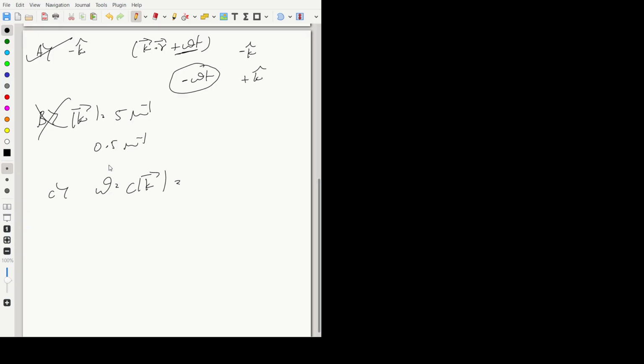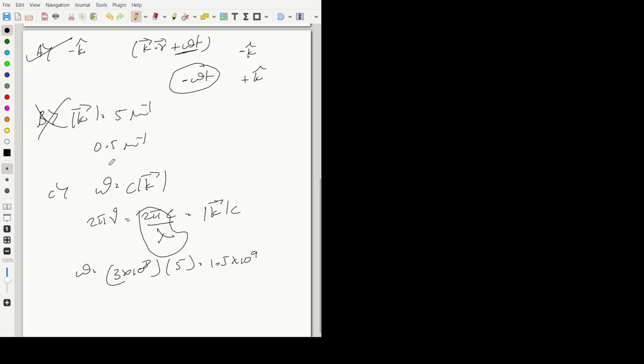Omega is 2 pi times frequency, which can be written as 2 pi c over lambda, and 2 pi over lambda is the magnitude of my wave vector. The value of c is given, and this we just determined. So it's 3 times 5, that is 15, 1.5 times 10 power 9 second inverse. So option C is correct.